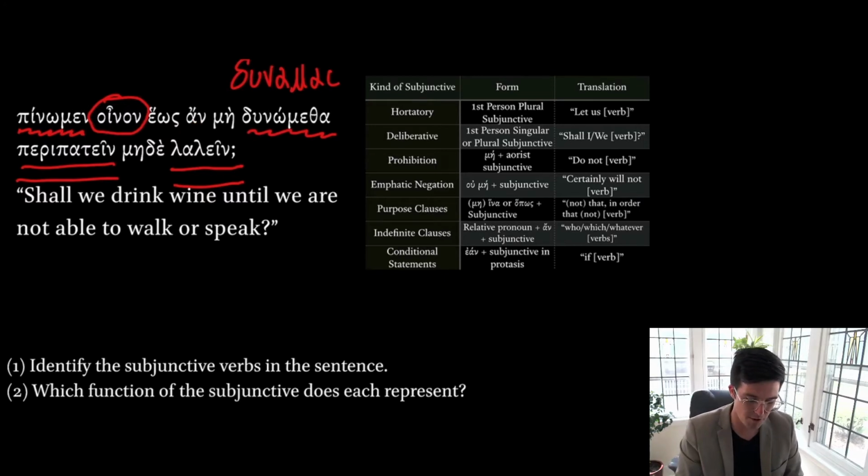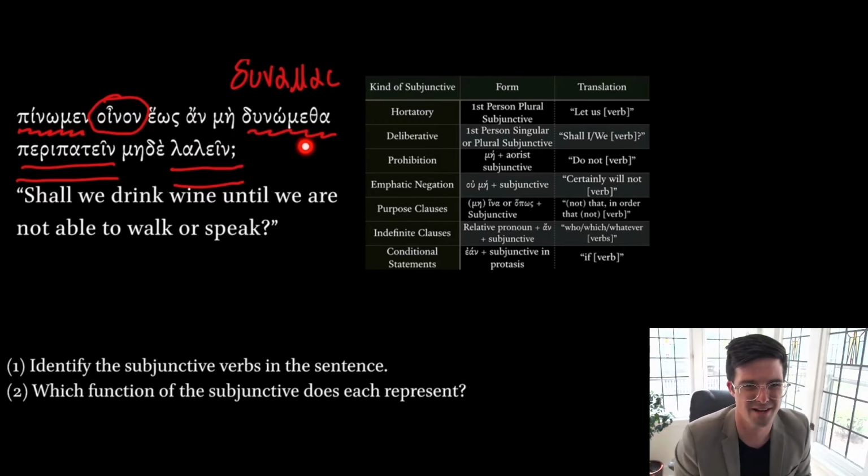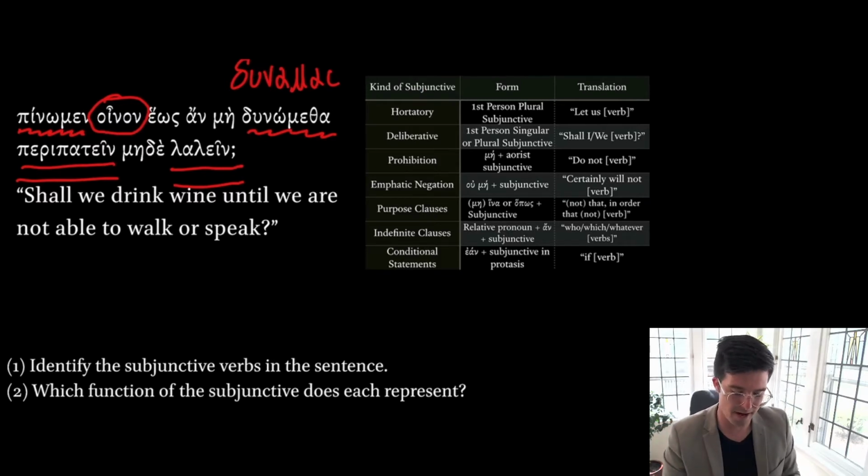So if you had trouble identifying the function of this one, that's quite all right. It was a little bit of a trick question here. The purpose of that is for you to hopefully be able to identify which ones it was not. So by a process of elimination, you might have come to this one here.